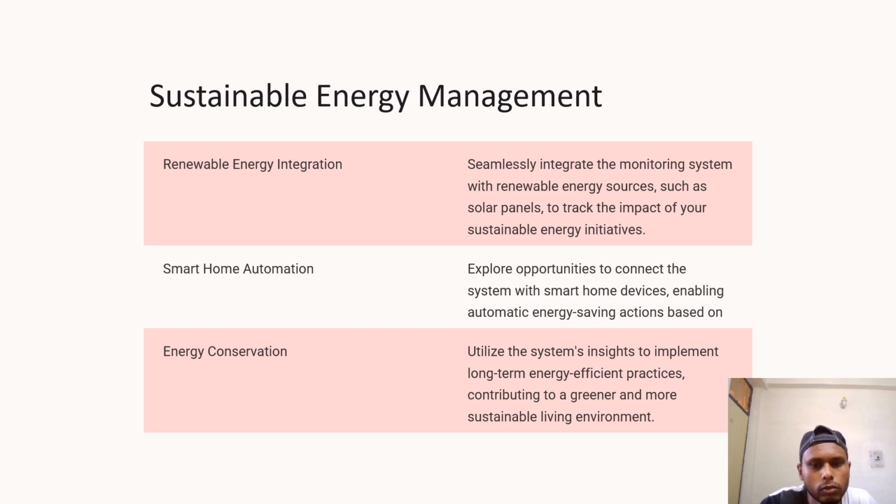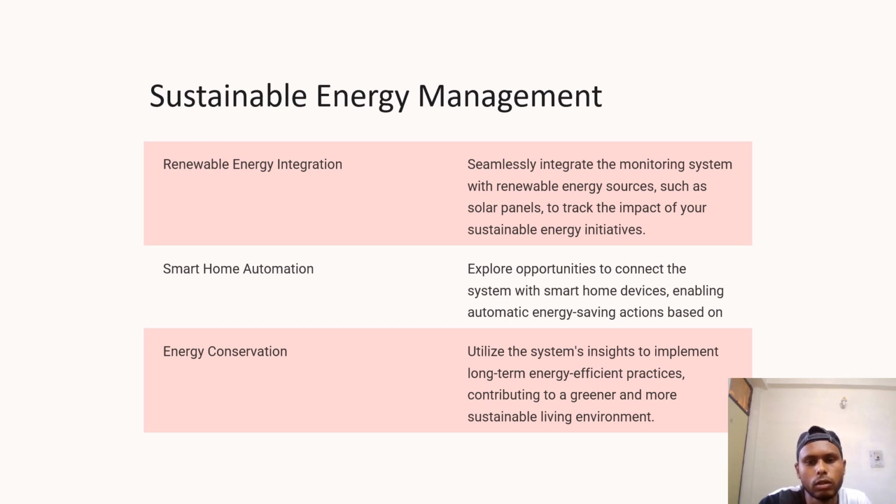And sustainable energy management. Here are these 3 things: smart home automation, energy conservation, and renewable energy integration. In future we can explore opportunities to connect the system with smart home devices, which can enable automatic energy-saving actions based on energy conservation. For contributing to a greener and more sustainable living environment, we can utilize the system's insight to implement long-term energy efficient practices.